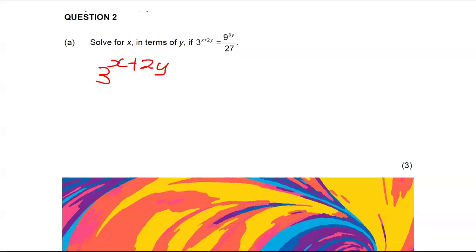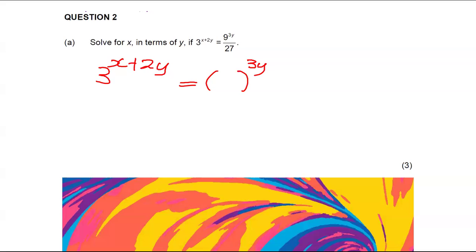I can't reduce it any further. However, I can reduce 9 to a prime number. When you reduce it to a prime number, you will have to put it in brackets because this whole 9 is raised to the exponent of 3y.